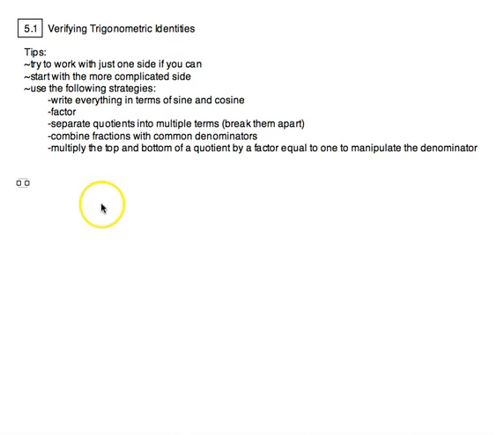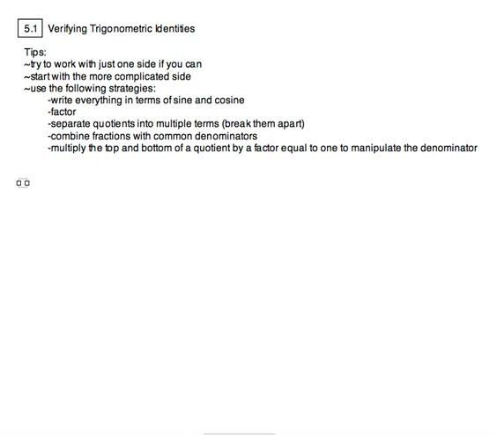Sometimes what I think to do to manipulate something and what you think to do are going to be different. In fact, there are some that I did in the homework that I've seen someone do a different way, and I actually like their way better than mine. So again, just because it's different doesn't mean it's wrong. You can feel confident if you've only used the substitutions that are on your formula sheet and you got it to work, then you're fine, even if it's different than mine.